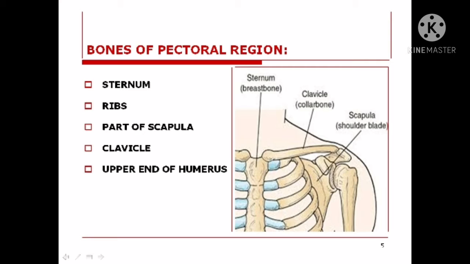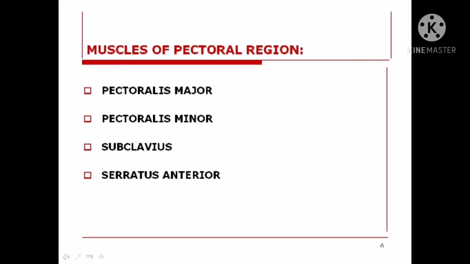The bones of the pectoral region are the sternum, the ribs, part of the scapula, the clavicle, and the upper end of the humerus bone. The muscles of the pectoral region are pectoralis major, pectoralis minor, subclavius, and the serratus anterior muscle.